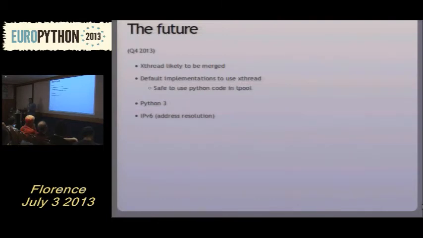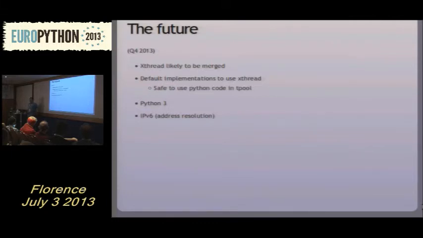But the main issue is that example I gave from T-Pool: if you have a logging call in a different thread, that's seen as a big issue. So the idea is to try and merge the Xthread code to solve that issue.